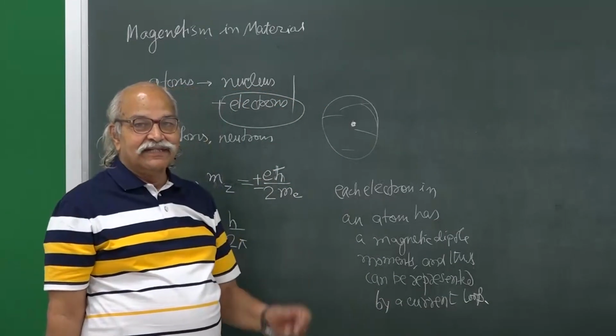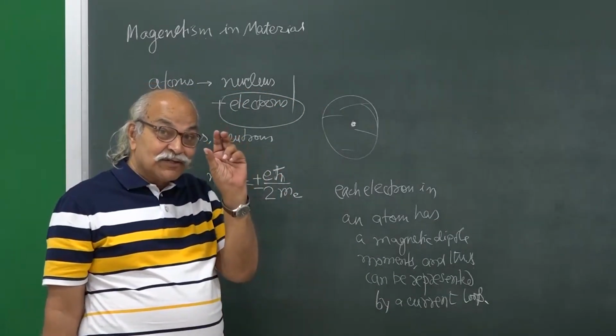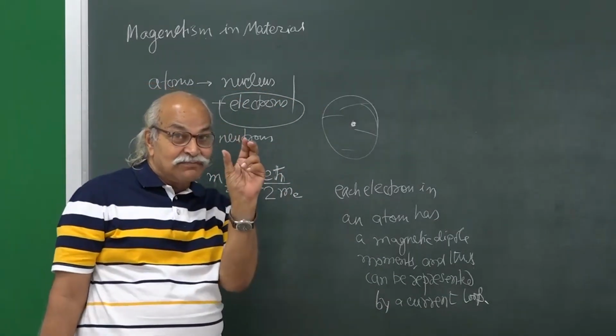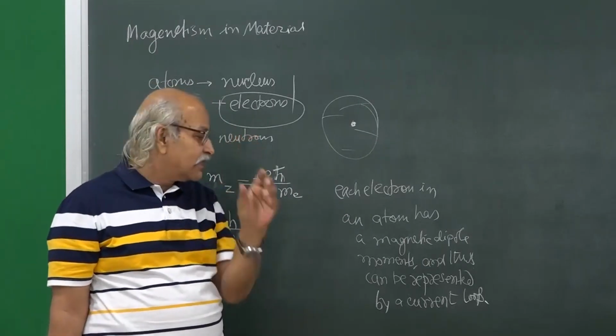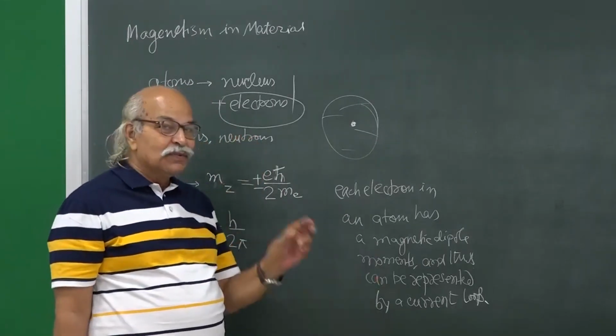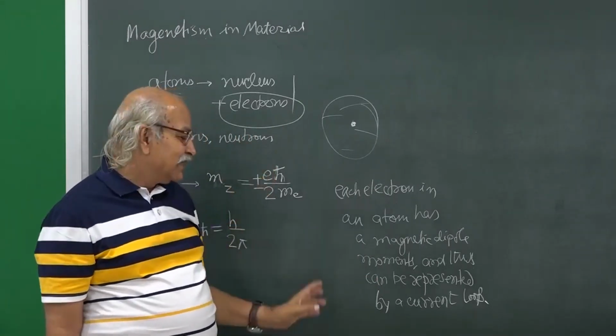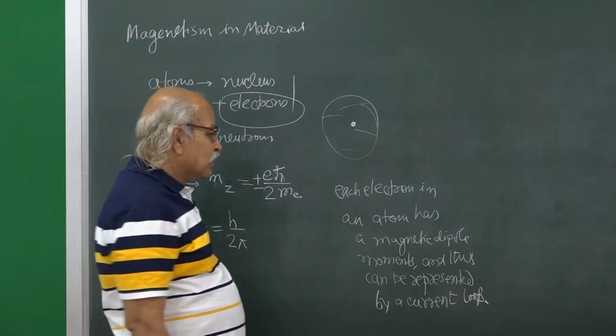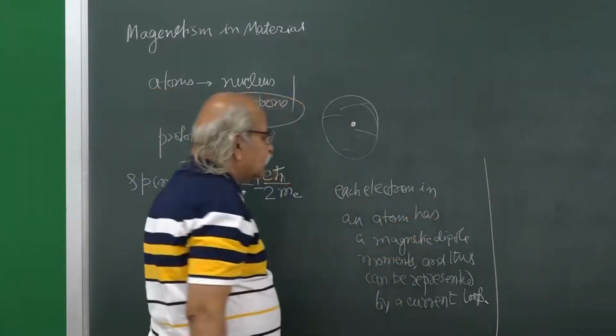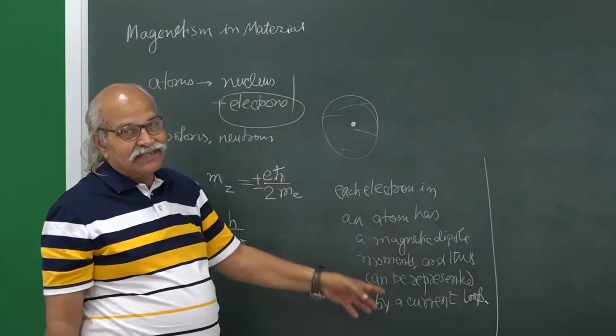We are seeing this atom itself as equivalent to a current loop. So, the size of the current loop is also atomic, alright. Very tiny current loop, but each electron in the atom can be seen like that.